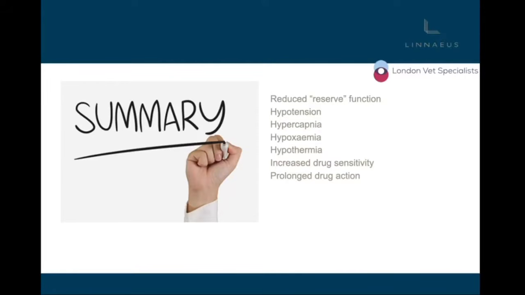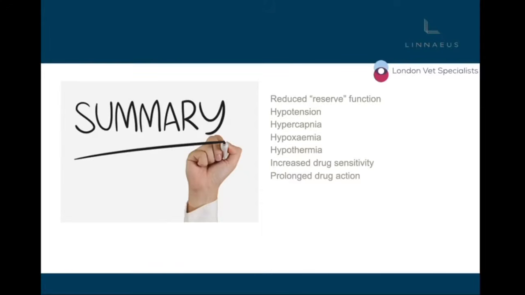However, as the animal gets older, we begin to lose this reserve function, so there's not less tissue, but less ability of the organ to rely on in the case of extreme stress, which anaesthesia and surgery, of course, cause.